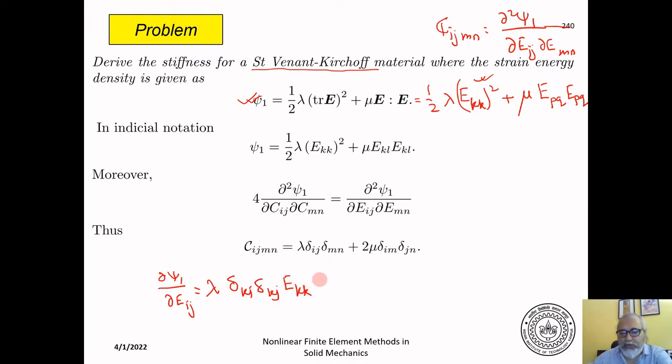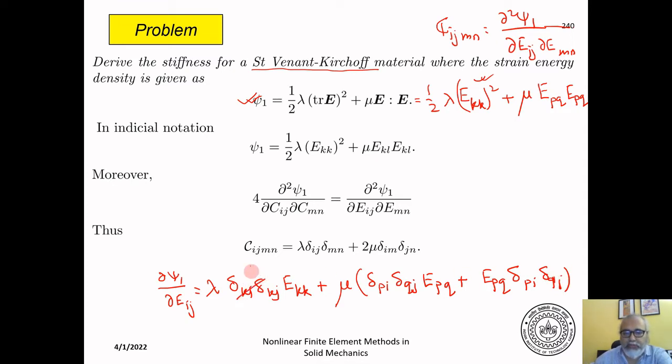That's from the first term. From the second term you get mu times delta pi delta qj into Epq plus Epq times the same thing, delta pi delta qj.